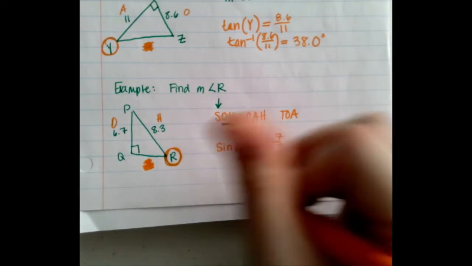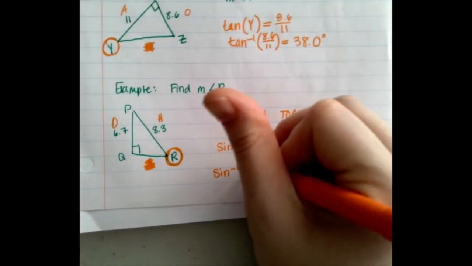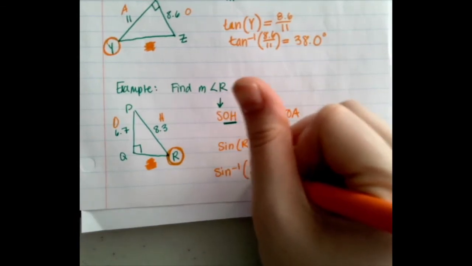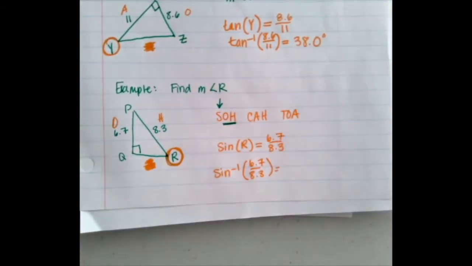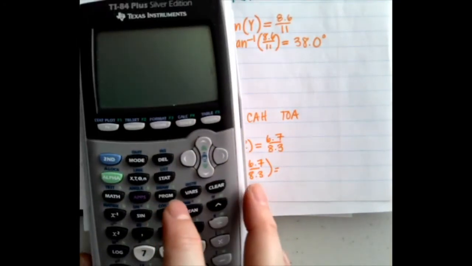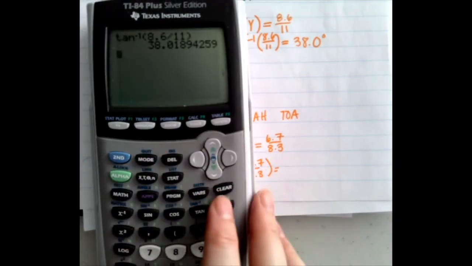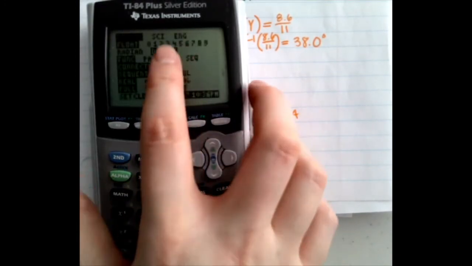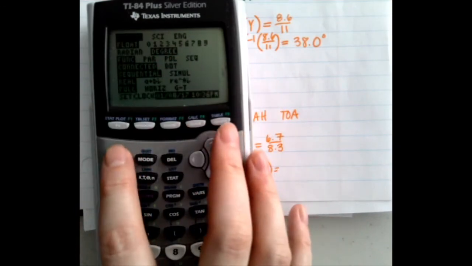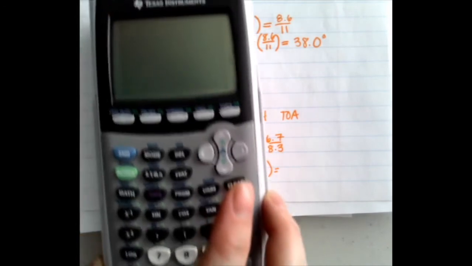And then to use our inverses, again, we're just going to do the sine inverse of our ratio. And whether you're using the calculator on Google or your own, make sure that your mode is in degrees. If you're using your own calculator, it should stay like that. And this time we're using the sine inverse.